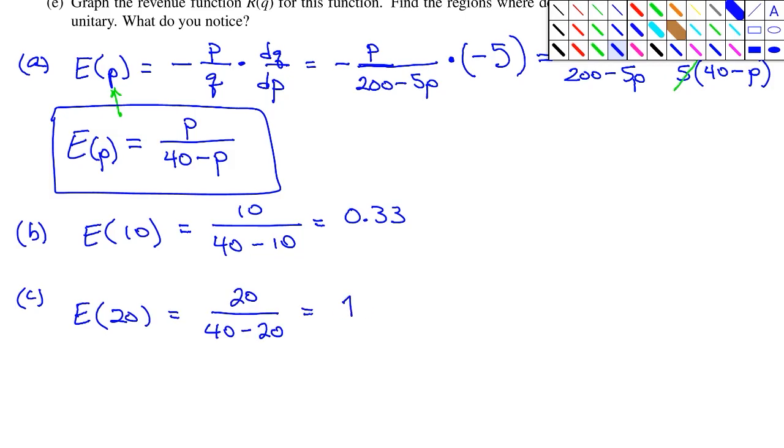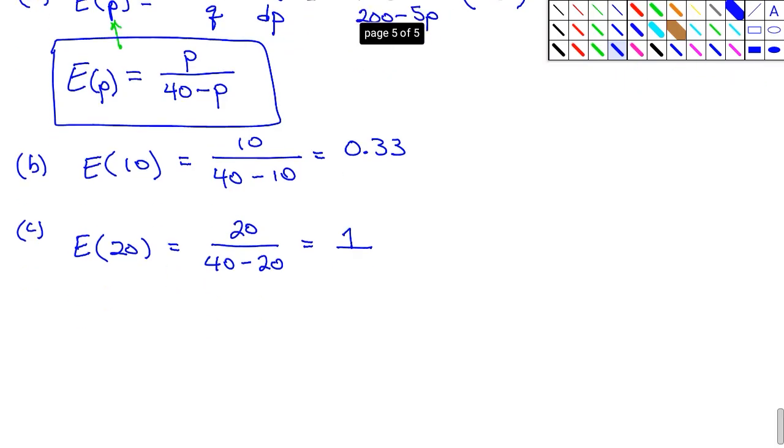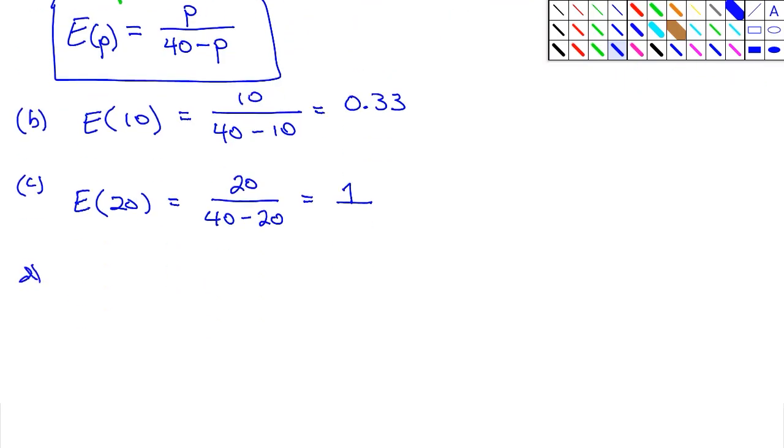That's actually equal to 1. And E of 30 is 30 over 40 minus 30, and that's 3.